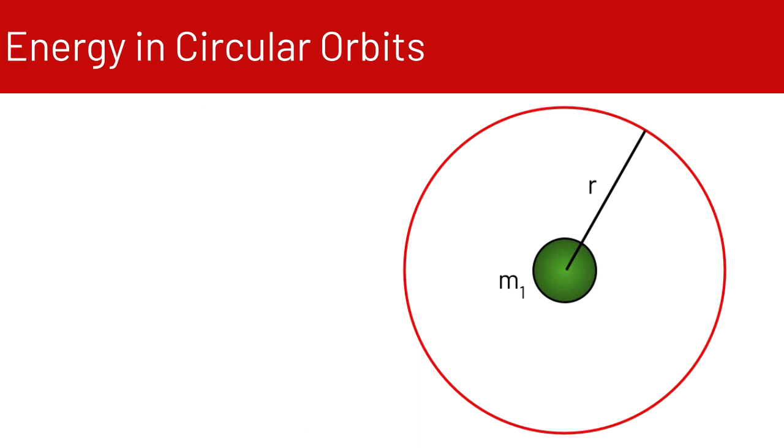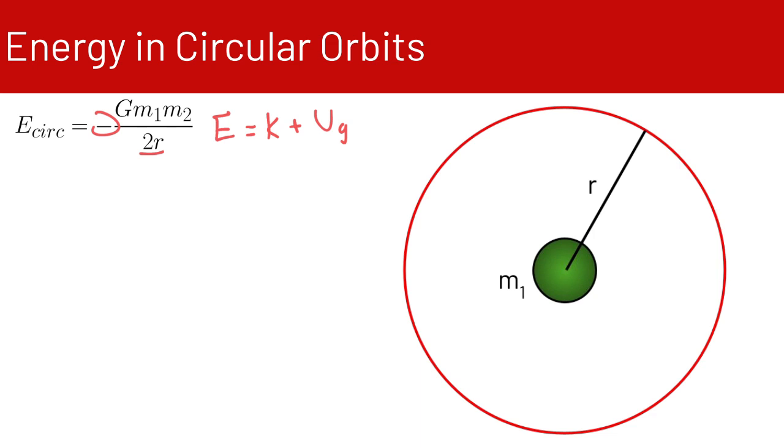Okay, so let's look at energy in circular orbits. Total energy in a circular orbit is equal to minus, so notice that minus sign, G times m1 times m2 over 2r. So let's go ahead and prove this. Remember that total energy is equal to the kinetic energy plus gravitational potential energy.